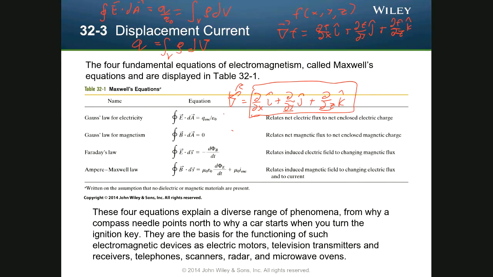So we can replace E·dA. We can say this is equal to the volume integral of del cross E. Oh no, wait a minute. I'm messing this up here. This is the divergence theorem, not Stokes' theorem. That's what happens when you haven't done vector calc in 20 years, folks.